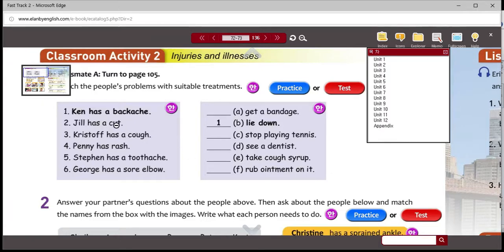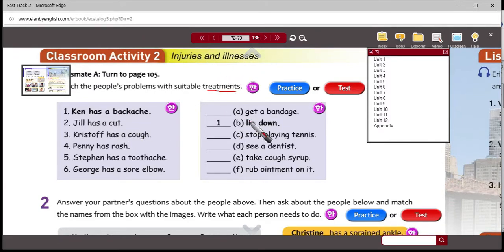Okay. So on the left-hand side, student A and B, you have a number of people, and they each have a problem. So for student B, Ken has a backache. Okay, that's his problem. Okay, now we're also looking for treatments. We're looking for, I guess, medical treatments, since we're talking about injuries and illnesses.